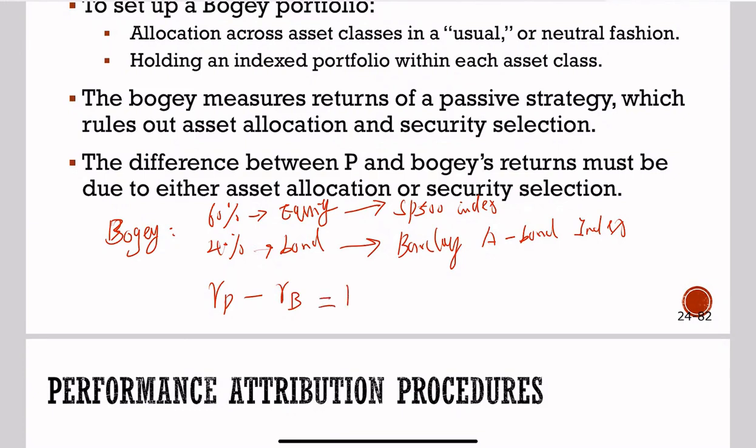Let's say the difference is 10%. Then you will know that the 10% must be because of asset allocation and security selection. The reason is that the bogey portfolio does not contain anything about asset allocation and security selection.